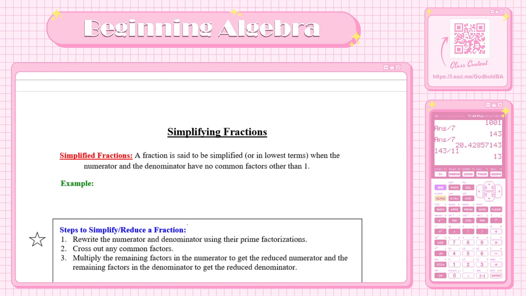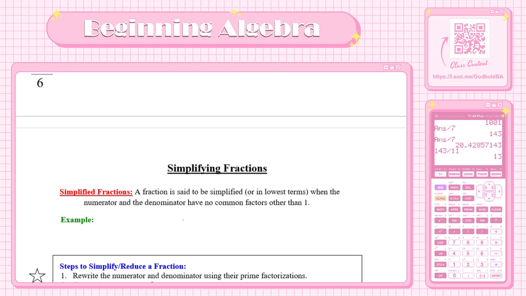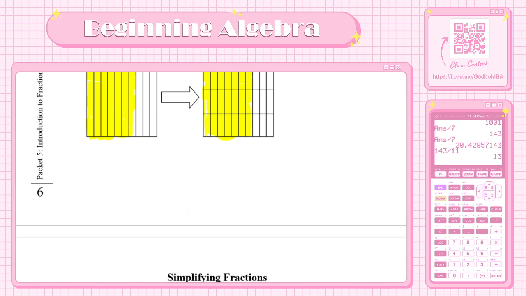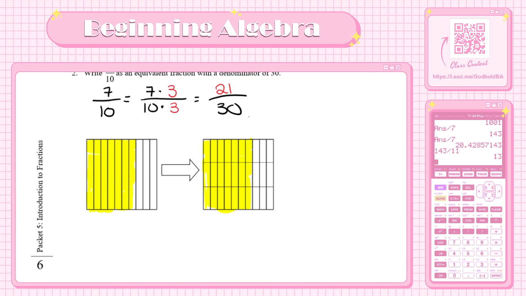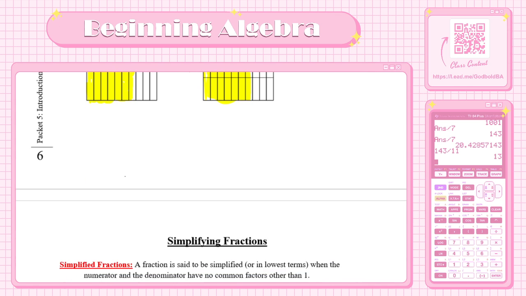A simplified fraction, also called lowest terms, is when the numerator and denominator have no common factors. So this fraction here, 21/30ths, was simplified to 7/10.